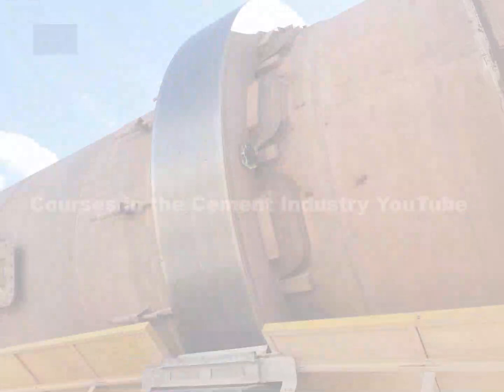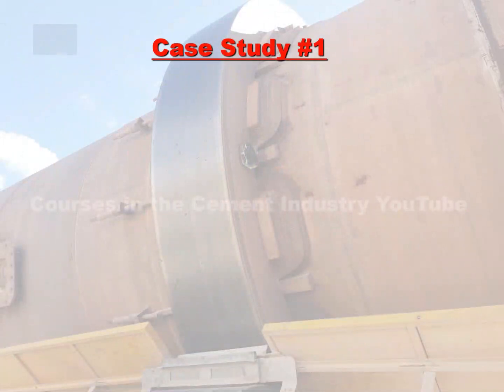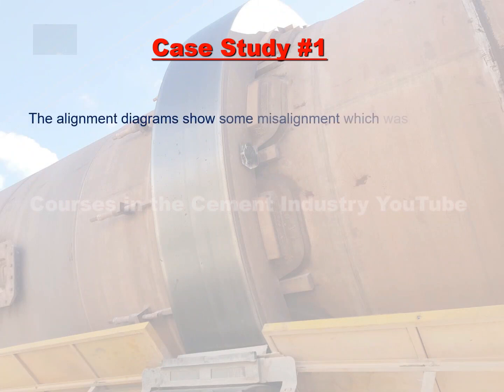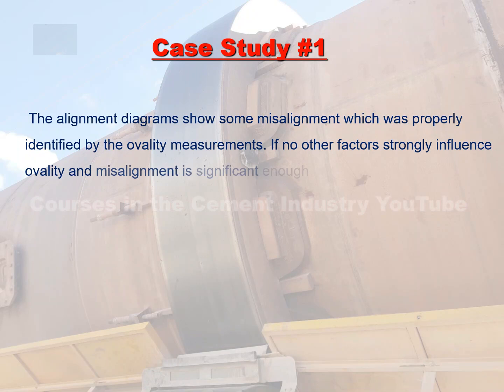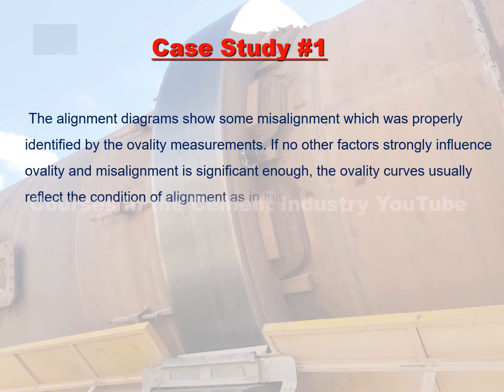In the previous slide, the alignment diagrams show some misalignment which was properly identified by the ovality measurements. If no other factors strongly influence ovality, and misalignment is significant enough, the ovality curves usually reflect the condition of alignment, as in this case.